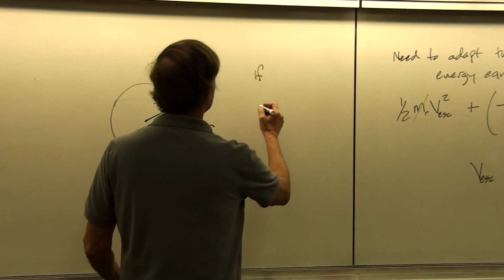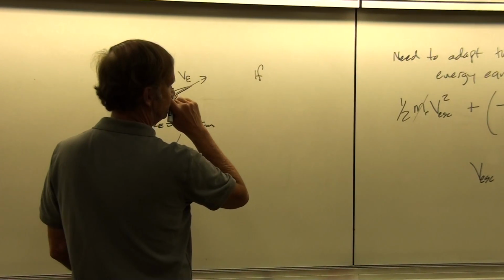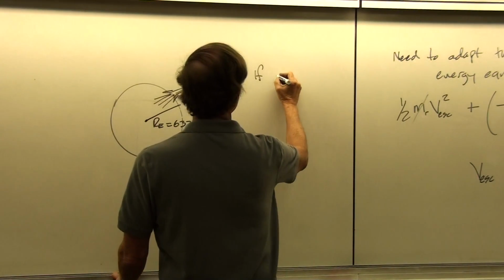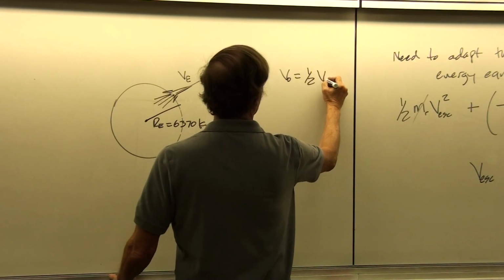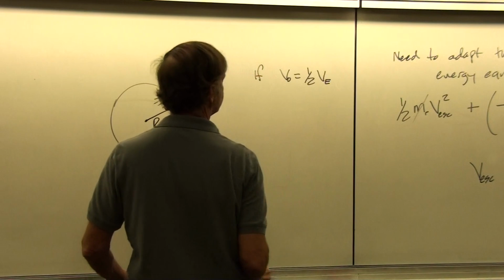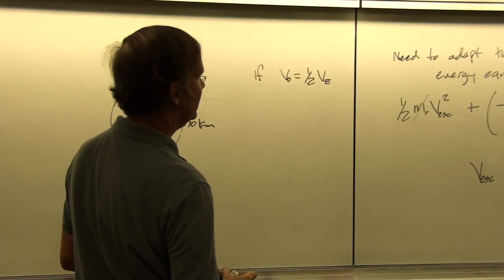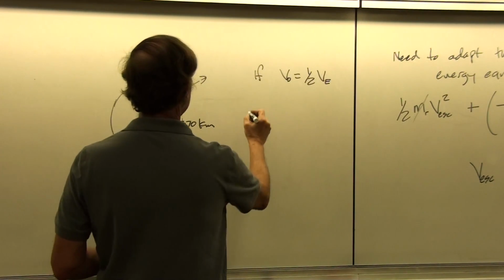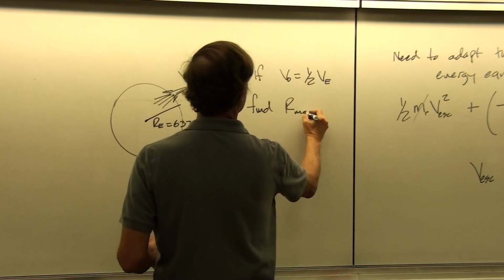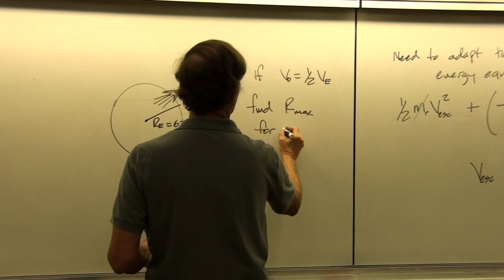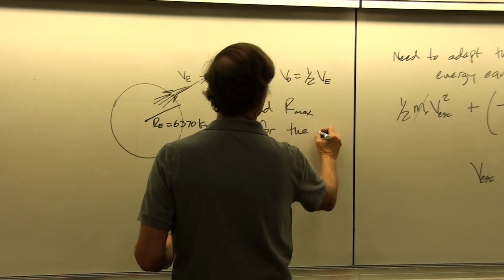But let's say here that the initial velocity is equal to 1/2 of the escape velocity. If V naught is equal to 1/2 V escape, let's find R max for the rocket.